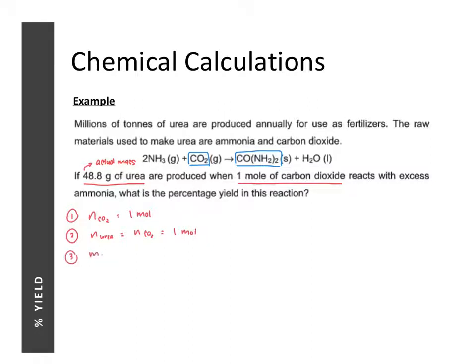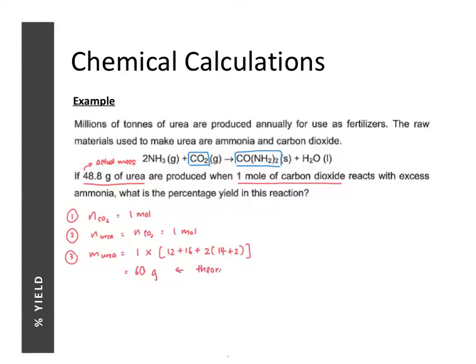So now we need to find the mass of urea. And how do we find the mass of urea? By taking number of moles times the molar mass. So 12 plus 16 plus 2 times 14 plus 2. Now this mass that we have just calculated is your theoretical mass.